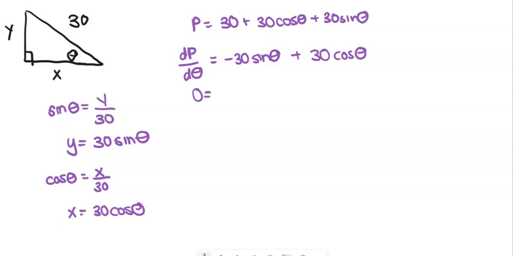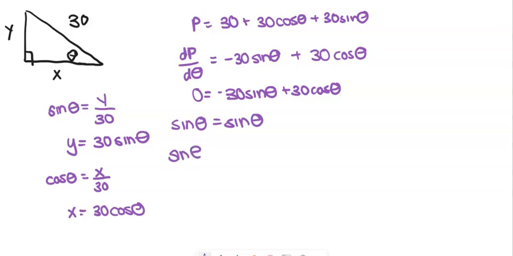And I'm going to set this to 0 to find the maximum. Just like in the last one, we set them equal to each other and divide out the 30. So just like before, sine theta over cos theta equals 1, or tan theta equals 1. Theta equals pi over 4.